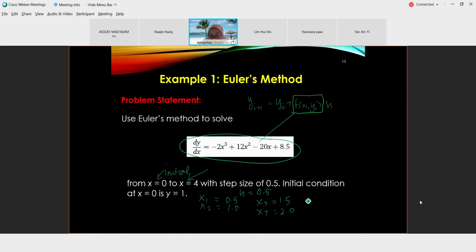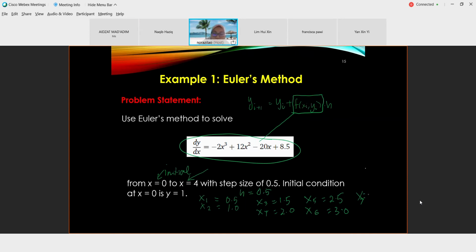Berapa kali ni? 5 kali. Okay, 2.5, x6. Berapa kali? 8. Ni silap. So how can we make this conclusion?